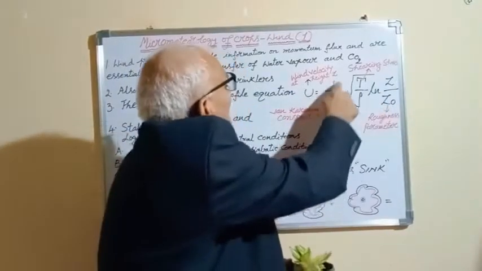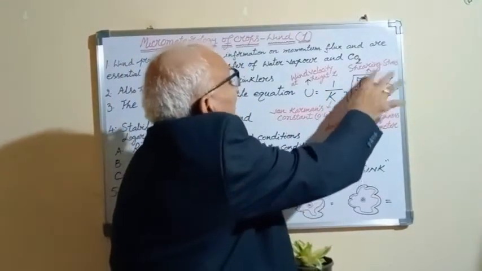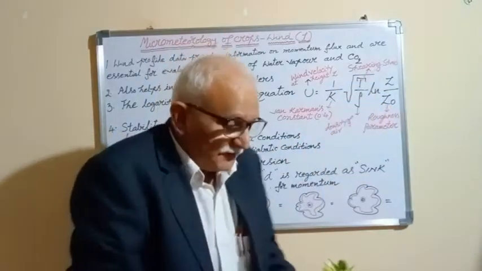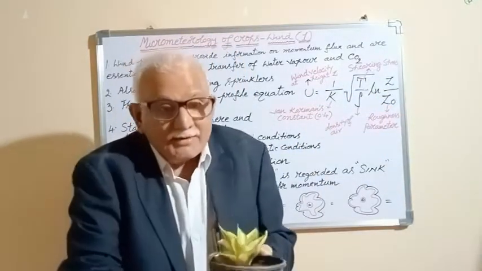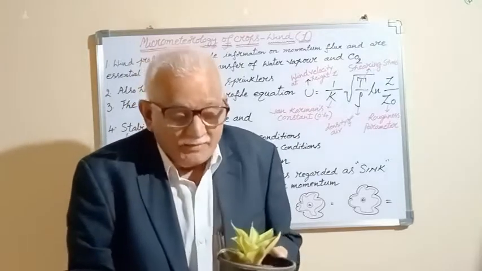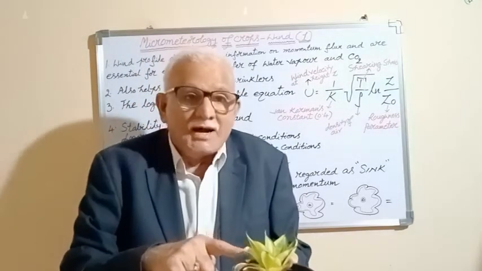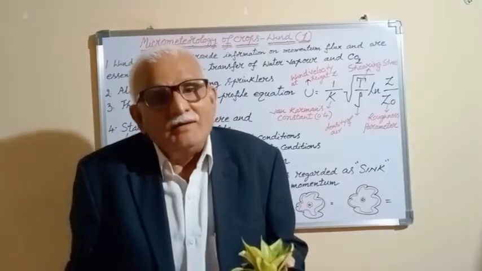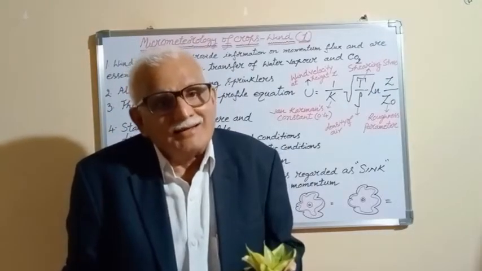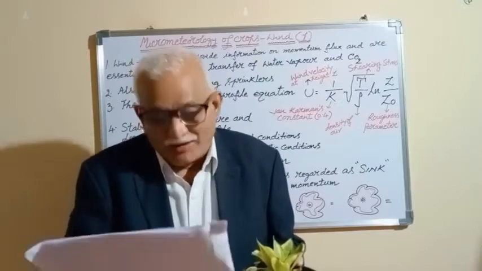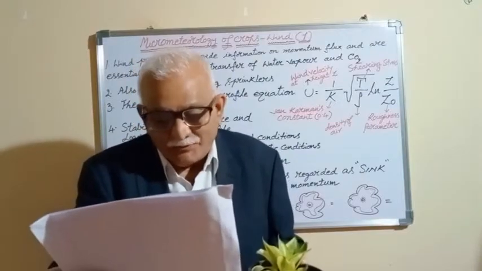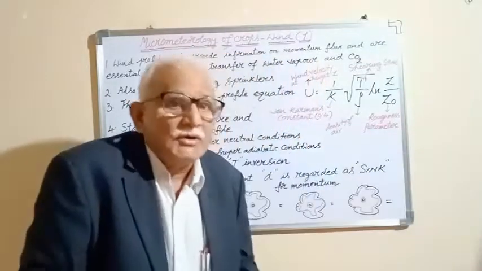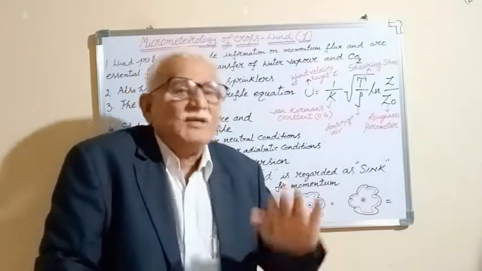Here U = (1/K) √(τ/ρ) ln(z/z0). Unlike the smooth surface, for a short grass there is a hypothetical height from where the logarithmic wind profile characteristics are exhibited, or in other words, this logarithmic wind profile equation holds good at a certain height from the surface.